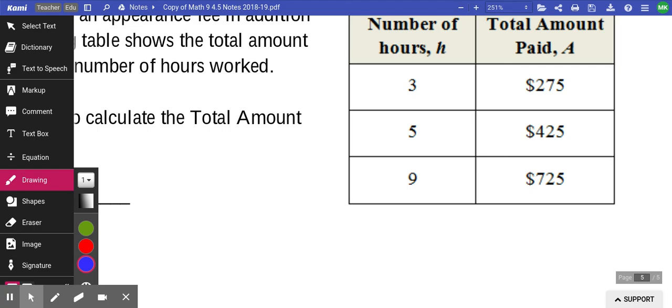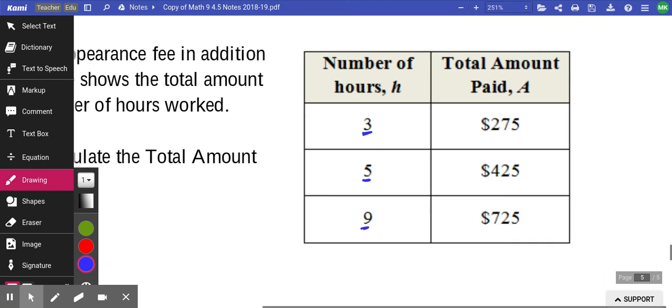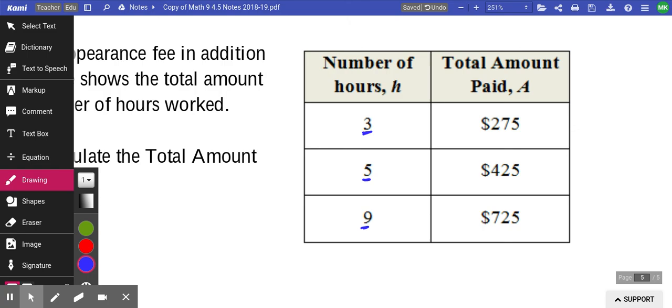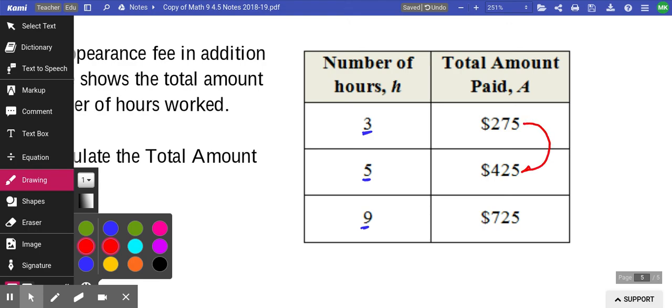So it goes from 3 to 5 to 9. And we're used to it going up by 1. So when you look at the difference now, that difference doesn't accurately represent what's happening because it's not going up by 1 anymore. This one went up by 2.